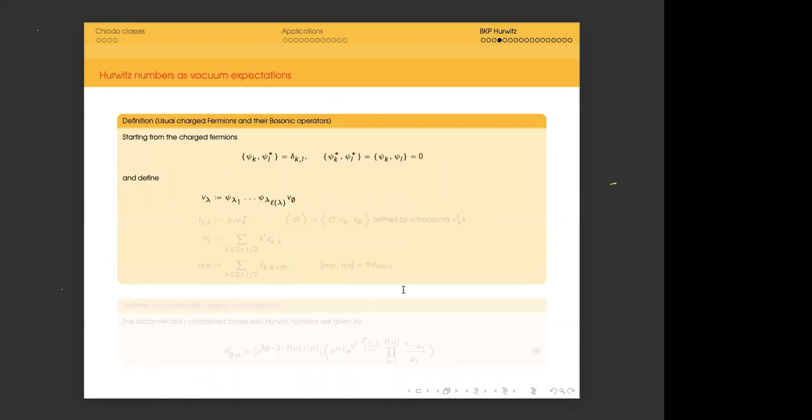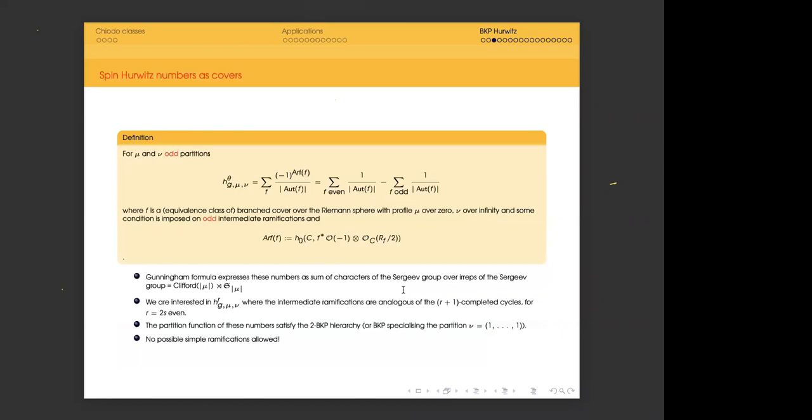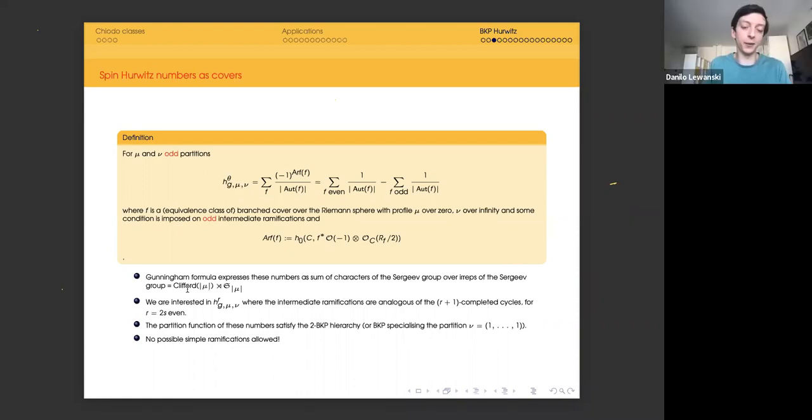Yeah, Danilo, could you just go back for a moment? I've heard this Sergeyev group mentioned several times by the Russians, but I never understood exactly what it is. This is a finite group, which is a semi-direct product of a symmetric group. Now, what is this Clifford group? I know a Clifford group, but it's not this. So, what do you mean by this Clifford group? I didn't want to give the definitions.